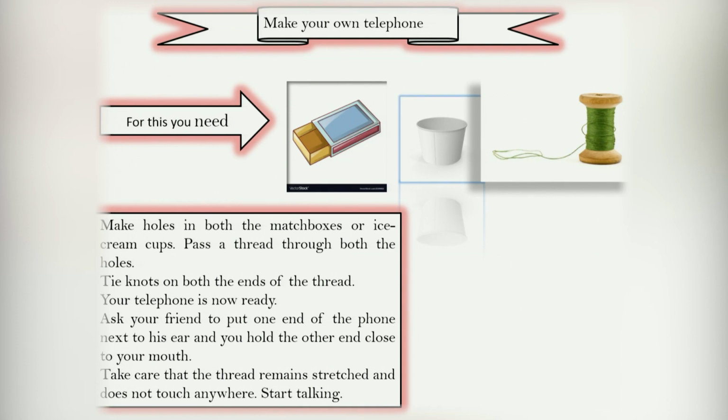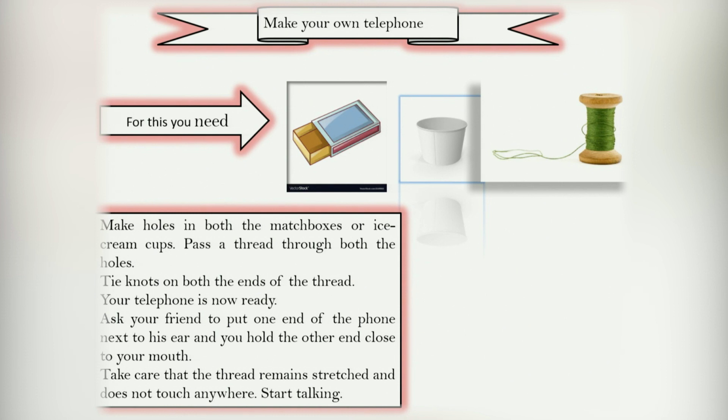Make your own telephone. For this you need two empty matchboxes or two empty ice cream cups and a thread. Make holes in both the matchboxes or ice cream cups. Pass the thread through both the holes.